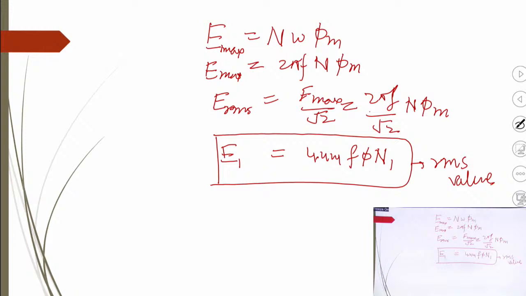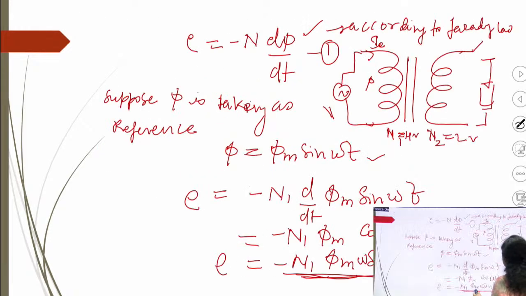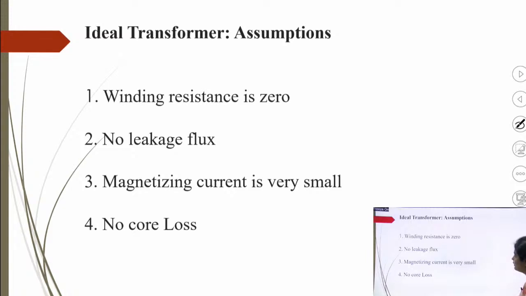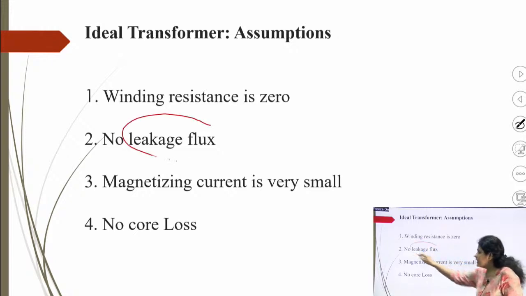So when we apply the voltage in the high voltage side, the EMF will be induced here, and the RMS value of EMF can be derived and written as 4.44 f phi N1, right? Now similarly, in this circuit, due to the transformer action, this flux will be linked with the secondary. We assume the ideal transformer, so no leakage flux will be there.